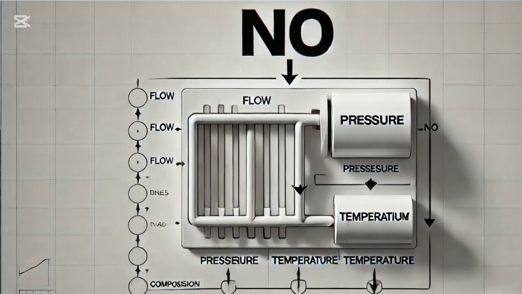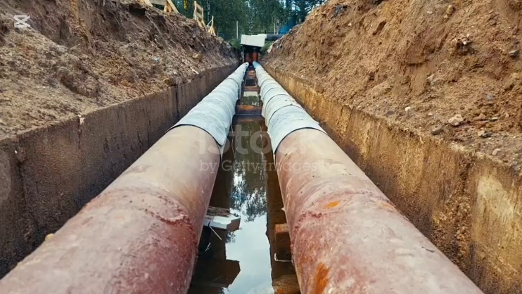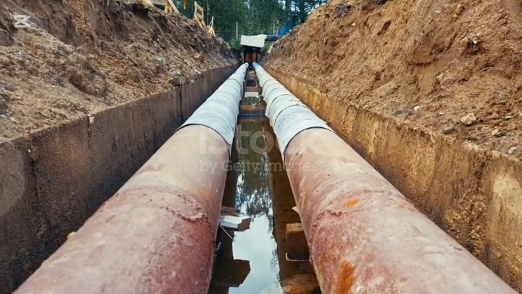Pressure. Next parameter is pressure and the guide word is no. Then it will become no pressure. No pressure could mean a system is depressurized or there is a rupture in the line.